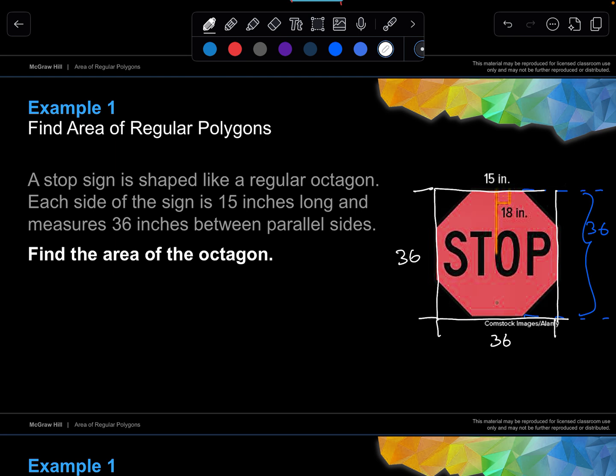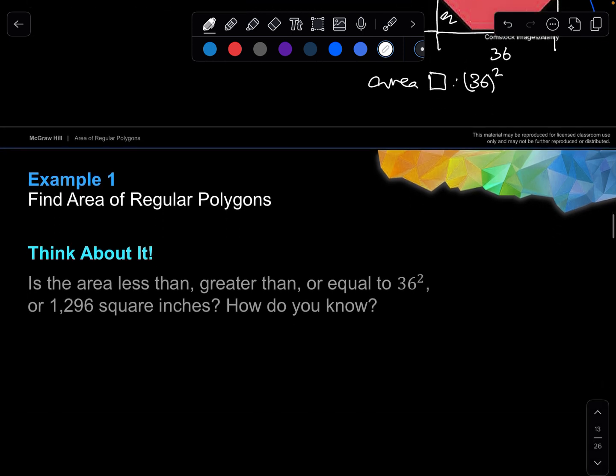So the area of this square is going to be 36 squared. How about the octagon that fits inside this? As you can see, there are these spaces that are not a part of the octagon. So the area of your octagon is going to be less than 36 squared, which is 1296 square inches.